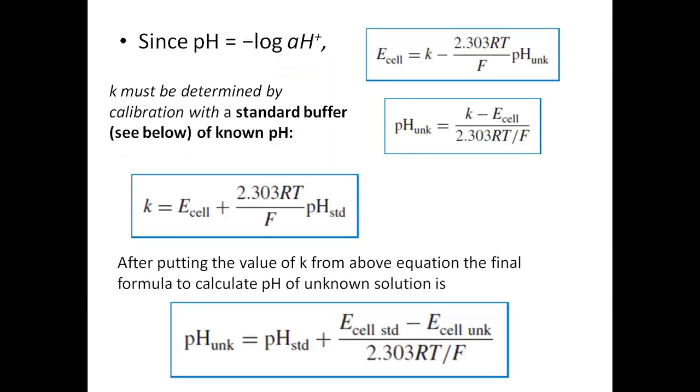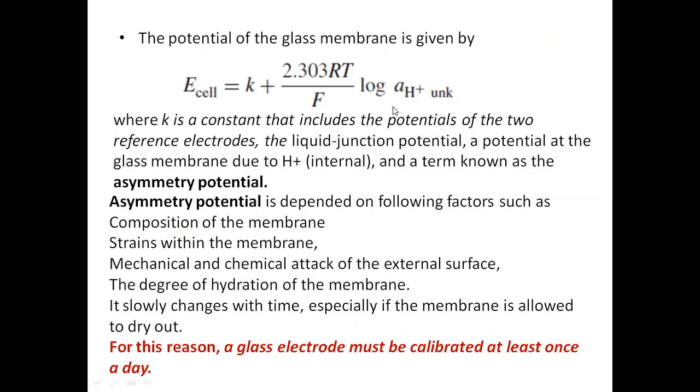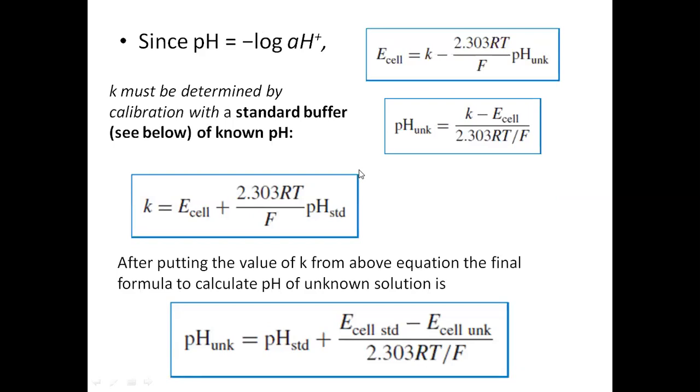So now see, pH is equal to the activity of H plus ion. So if we put pH over here in place of the activity of H plus ion, we can write down the same formula in this way. And if we rearrange it, we can find out the pH of our unknown solution through this formula.